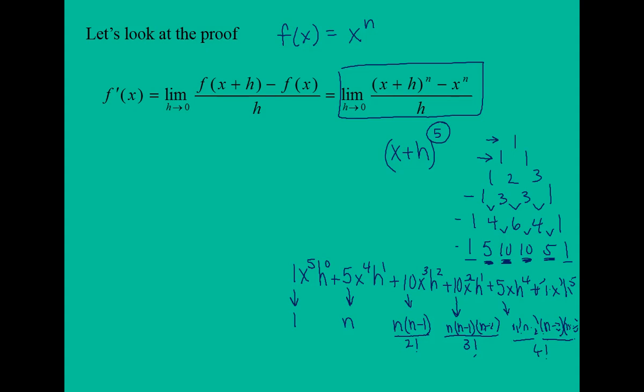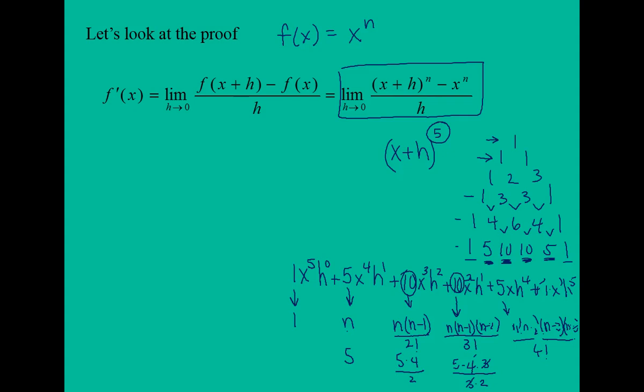Now, in this case we said n is 5. So do you see this would be 5 because n is 5. Here we'd have 5 times 4 divided by 2, which is 10. This one would be 5 times 4 times 3, all divided by 3 factorial, which is 3 times 2. Here we get 20 divided by 2 is 10.